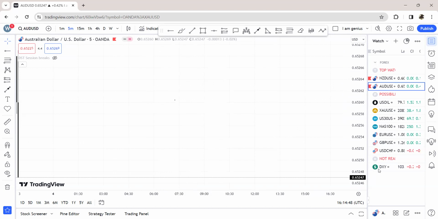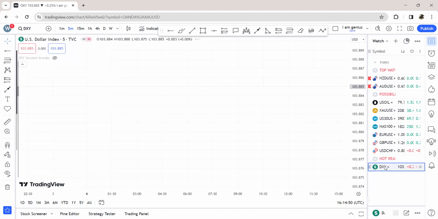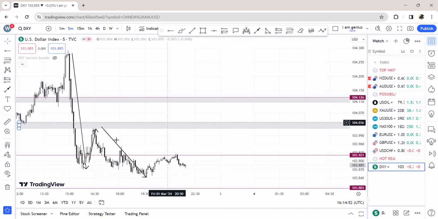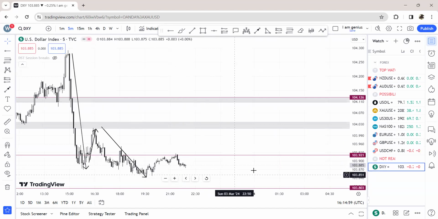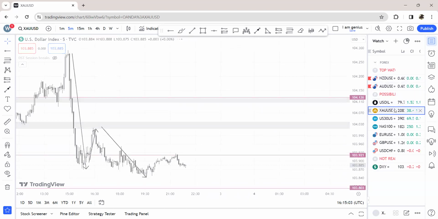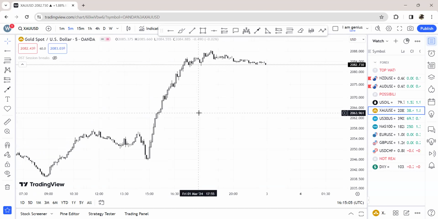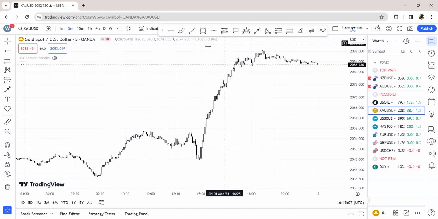Let's just prove that. So we have the DXY here moving to the downside. Then there was that strong push up. Then you can see currently it's dropping to the downside. So we expect gold to be moving up. Why? Because it has a negative correlation to the DXY.